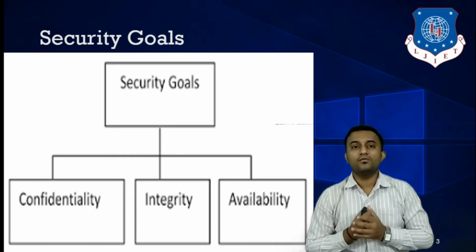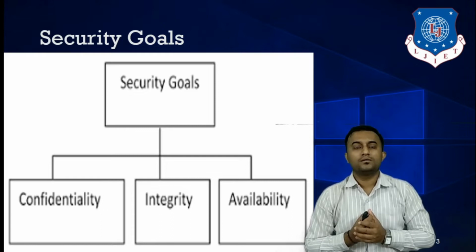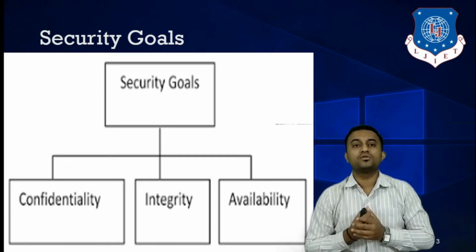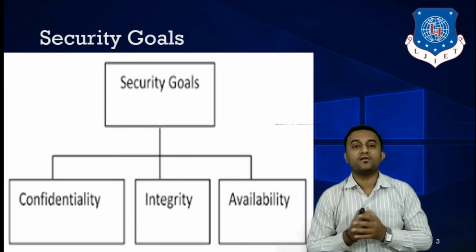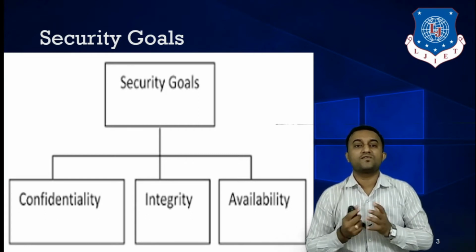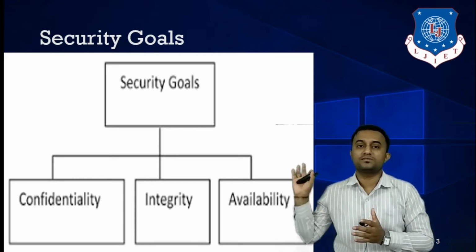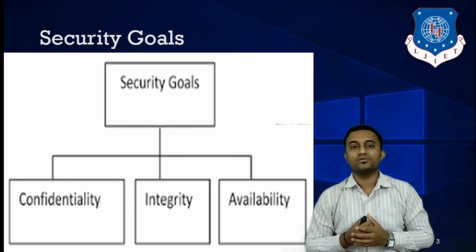So what different security goals we have? So CIA, or we say AIC triad we have, where A stands for availability. You can see the different security goals.